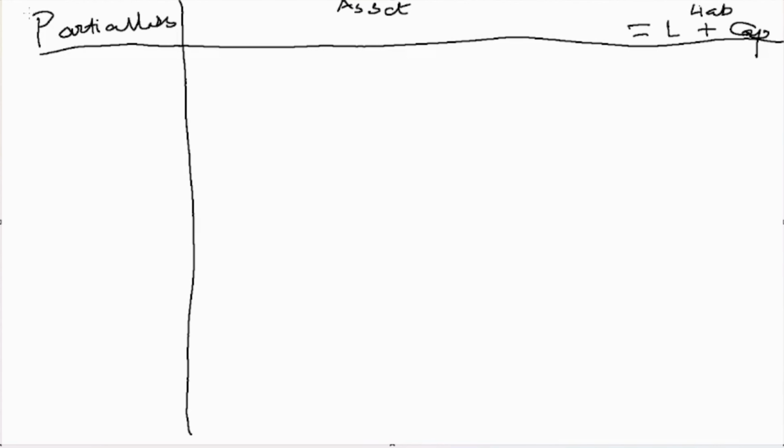When we solve any accounting equation sum, we first start with the particulars, as we have written over here. Then we have assets and we have liabilities plus capital. Why have I left the asset space blank?